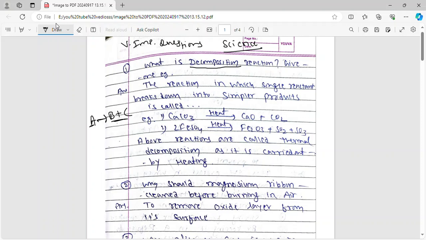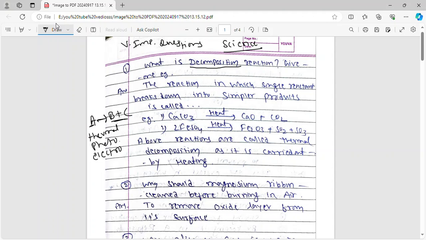There are three types: thermal decomposition, which takes place by heating; photo decomposition, which takes place in the presence of light; and electrolytic decomposition, where the decomposition takes place by passing electricity. Out of these three, you can give an example of any one type.